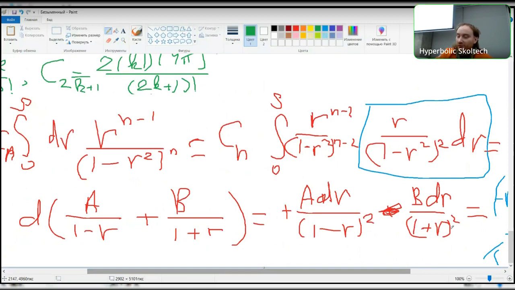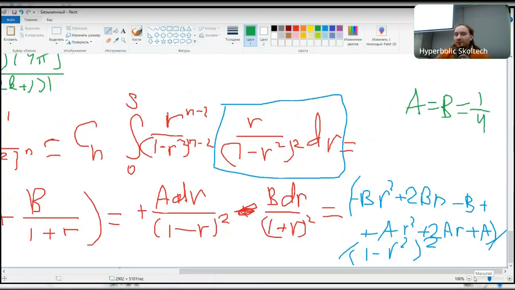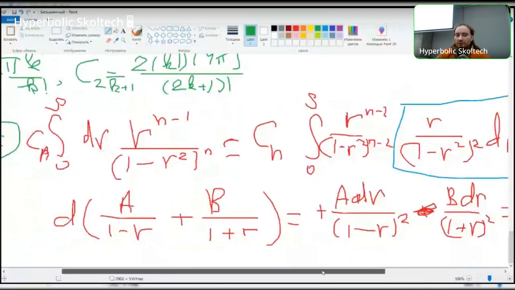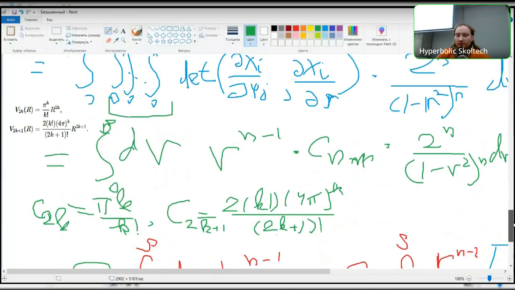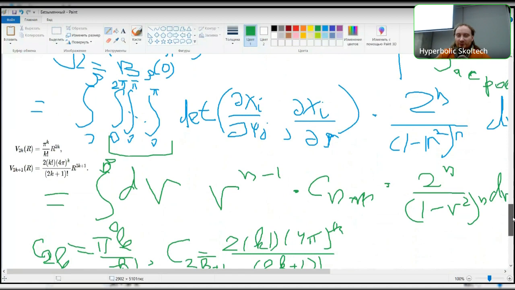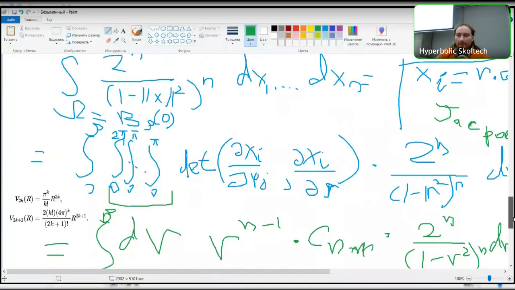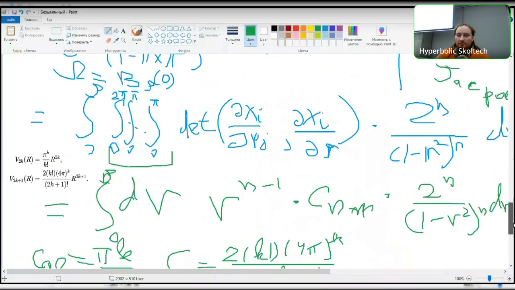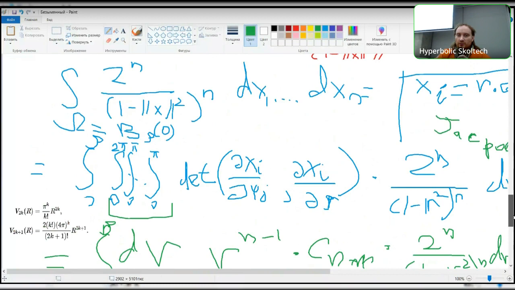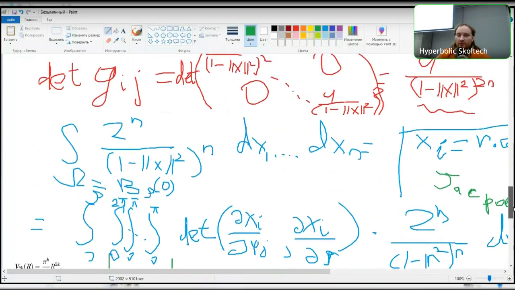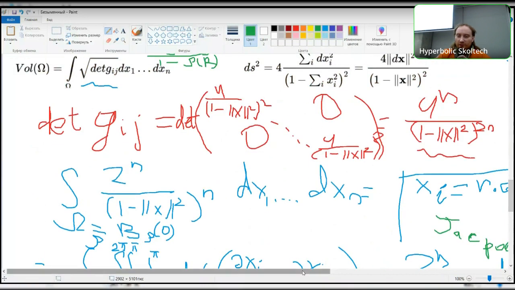Are you following me? I have one more question. What is the square root of the determinant? Where is it taken? Here you have to have the square root of it. Okay, let's return.